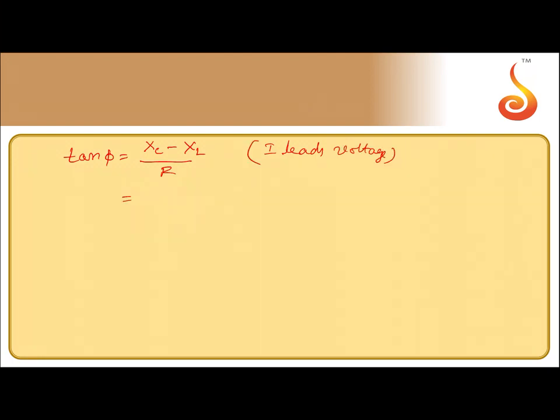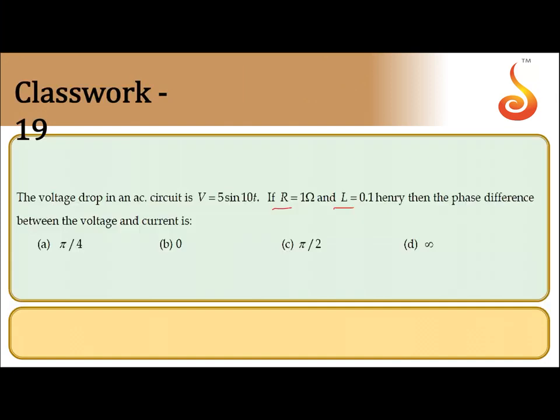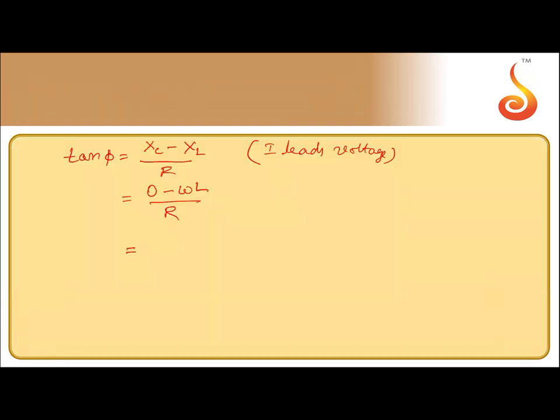So Xc is here 0, minus omega L divided by R. So omega is given in the problem, omega is 10, R is 1, L is 0.1. So minus 0.1 into 10 divided by R, which is 1 ohm. So this will become minus 1. Tan phi is equal to minus 1, or phi is equal to minus pi by 4.